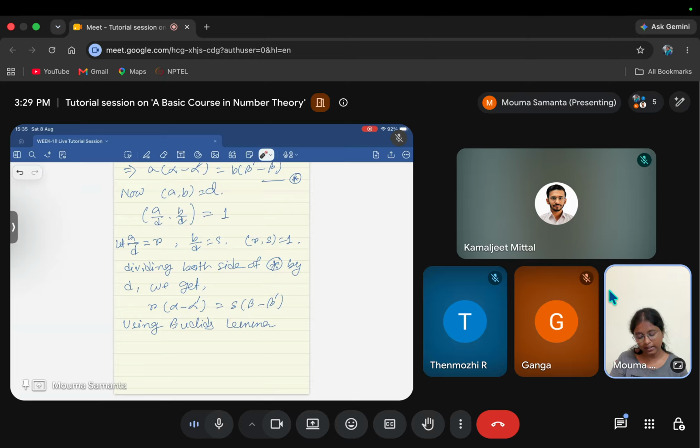Can we say divisibility of R and beta minus beta prime? What was the Euclid's lemma? Just recall what is the Euclid's lemma.